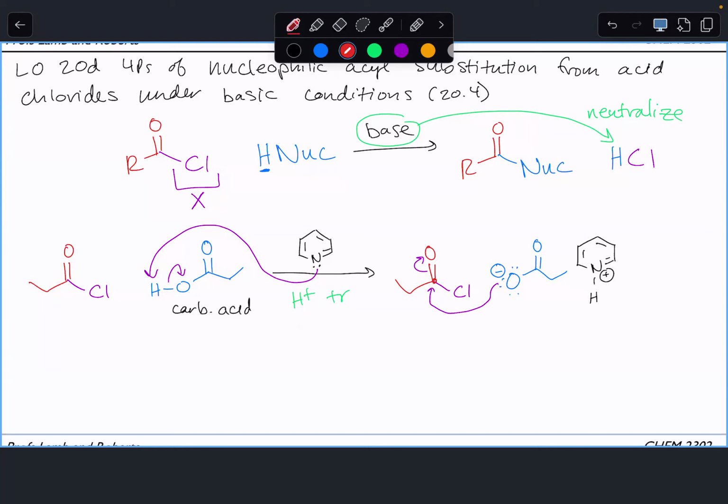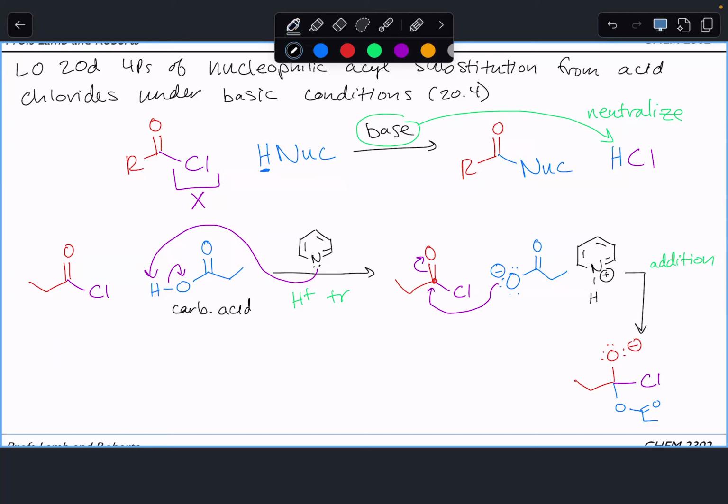Remember, our electrophile is always that carbonyl carbon on our carboxylic acid derivative. Here's addition, because we've added the nucleophile to form our tetrahedral intermediate. We have our chlorine still attached, and we have our nucleophile attached.